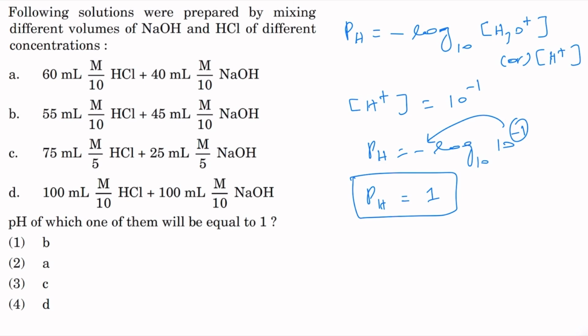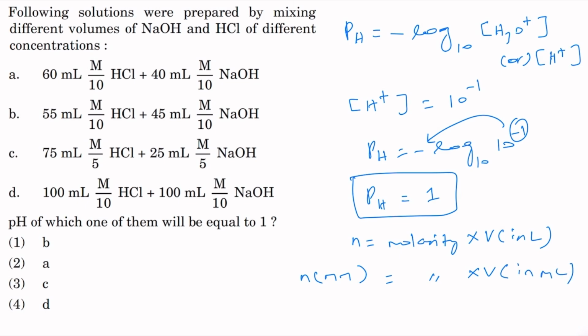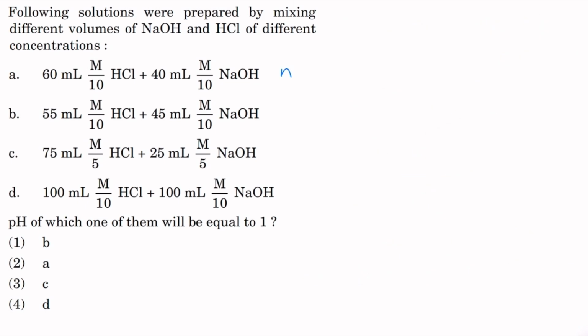We know that number of moles is equal to molarity times volume in liter. Here everything is given in milliliter, and therefore the number of moles we calculate is actually millimoles. Therefore millimoles equal to molarity times volume in milliliter. Let us first calculate the HCl in millimoles.